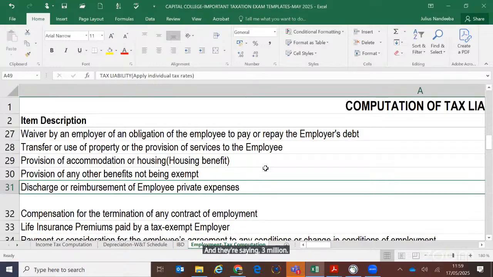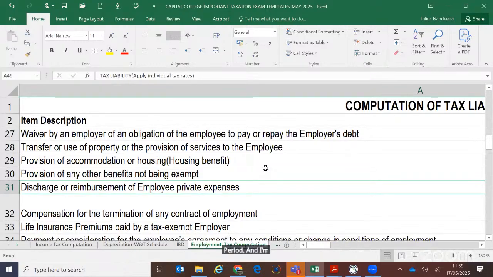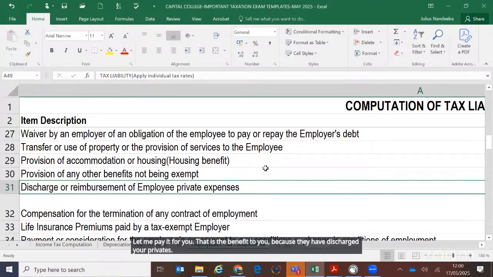There's a time when we actually went, I think we're about 7 people. By the time we finished, they gave us a bill of 2.5 million. And I'm like, okay, have we eaten gold or something? So that money, if you're stuck, for example, and then you call your employer and the employer says, let me pay it for you, that is a benefit to you because they have discharged your private expenses.